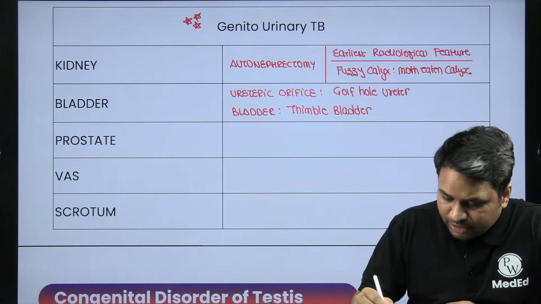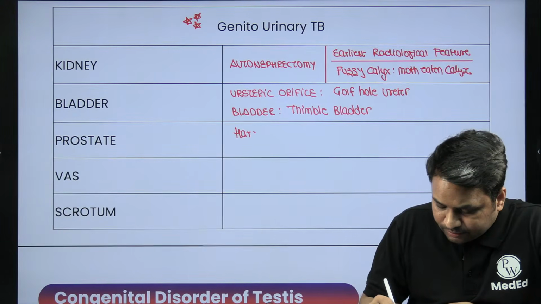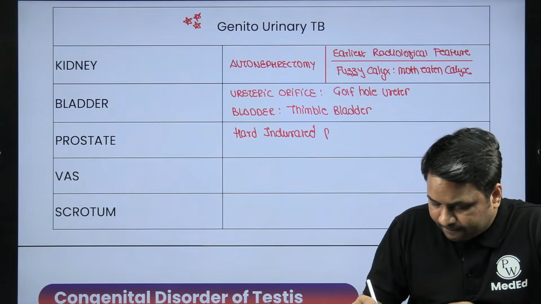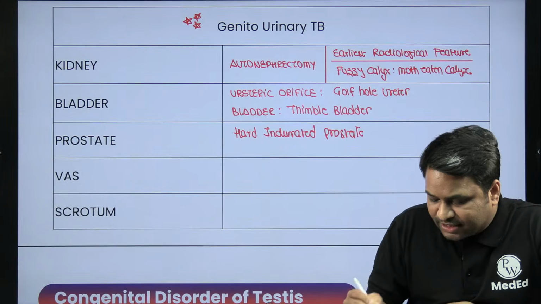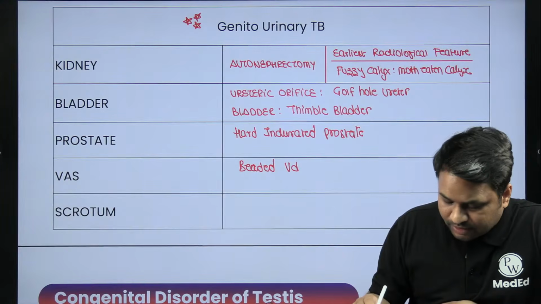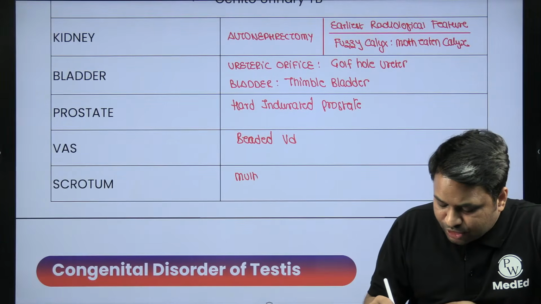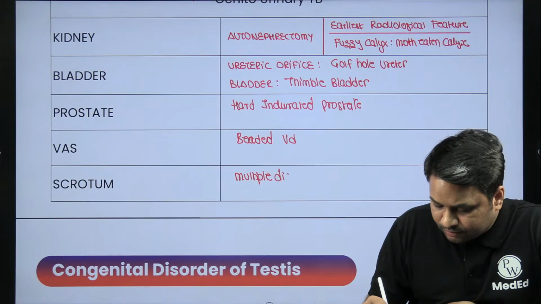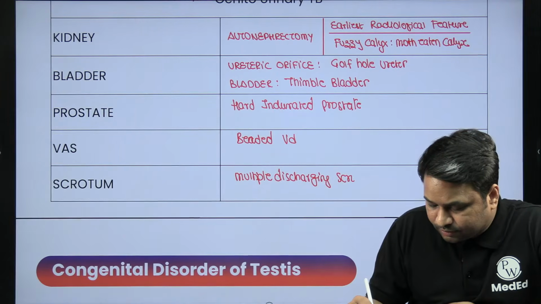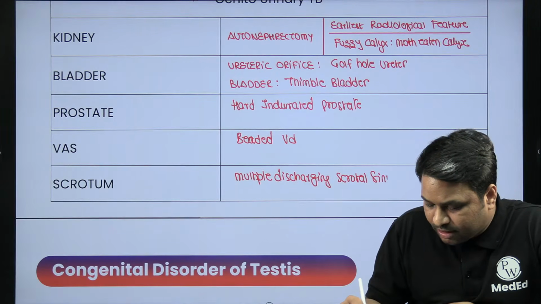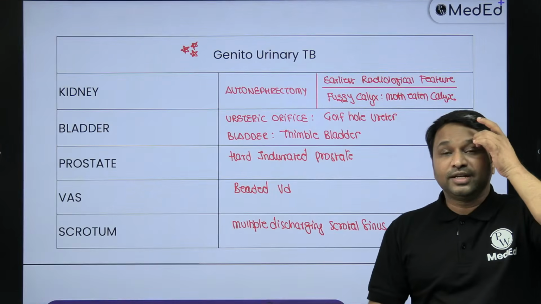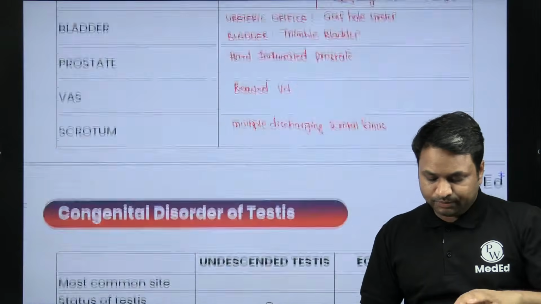For prostate, it will present to you as hard indurated prostate. For vas deferens, you will have beaded vas deferens. And for scrotum, there are multiple discharging scrotal sinuses. So these are the features of genitourinary tuberculosis.